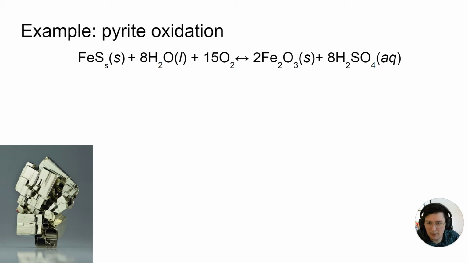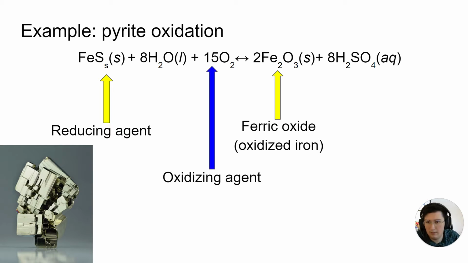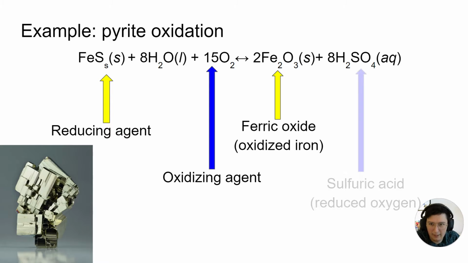So in this case, we would say the reducing agent is pyrite. Ferric oxide is what it is being oxidized into. Our oxidizing agent is oxygen here, and then that is being reduced into sulfuric acid.